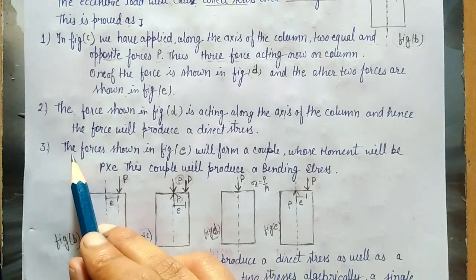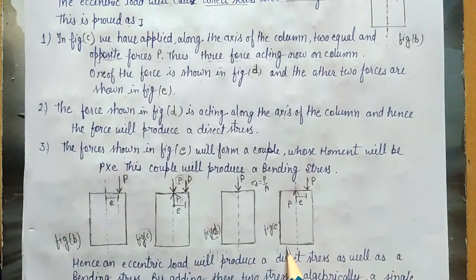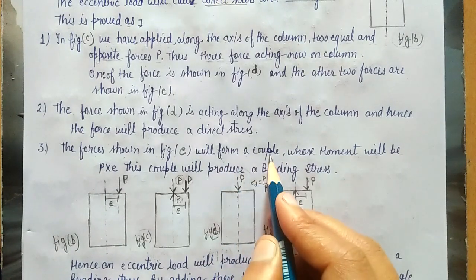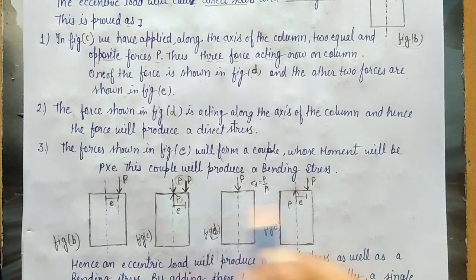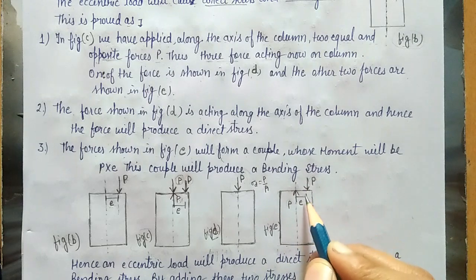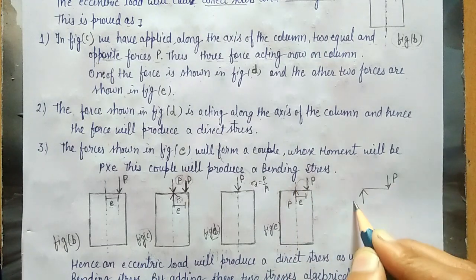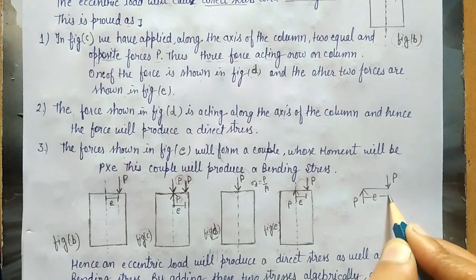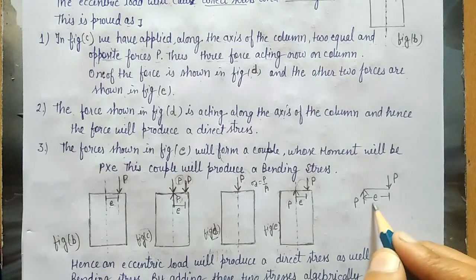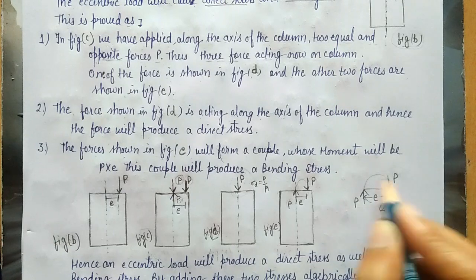What does he say next? The force shown in figure E will form a couple, right? This force and this force, what does it form? It forms a couple, right? And this couple is in the clockwise direction. There are two equal magnitude forces and they form a couple like that, okay.